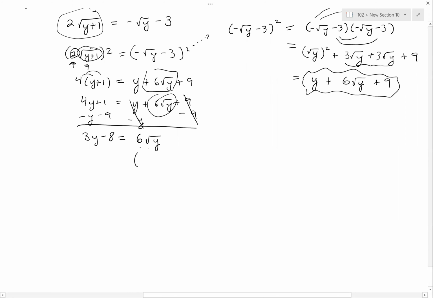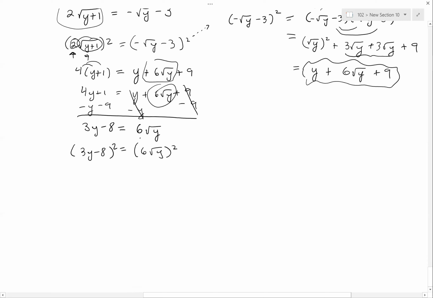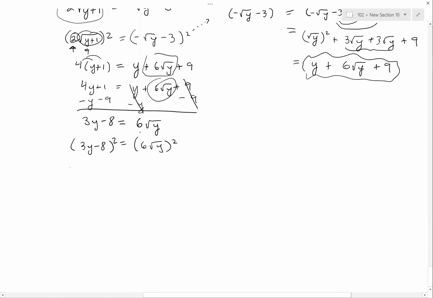So at this step, once I've isolated that radical term, I'm going to square both sides once again to remove that last radical. On the left-hand side, I'll end up with 9y squared minus 48y plus 64.